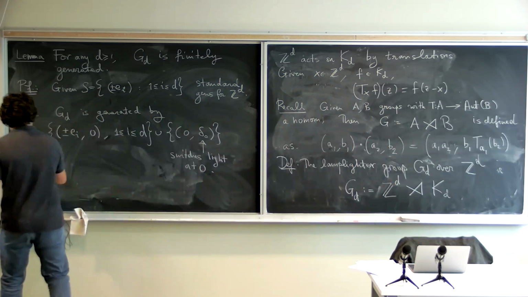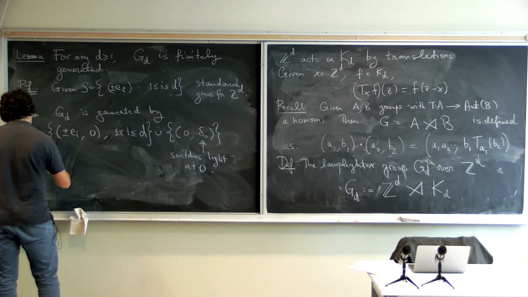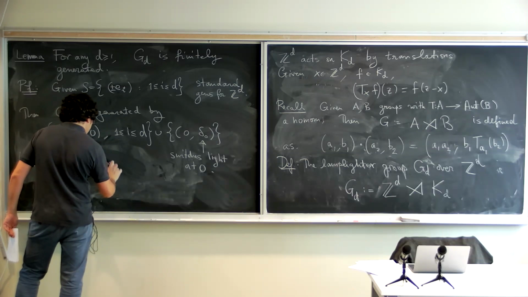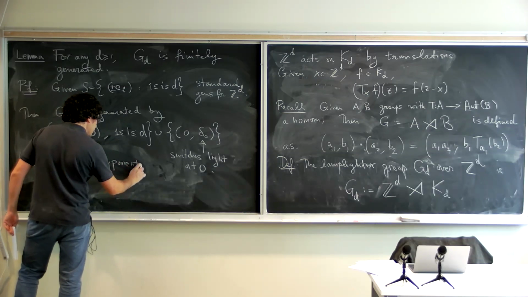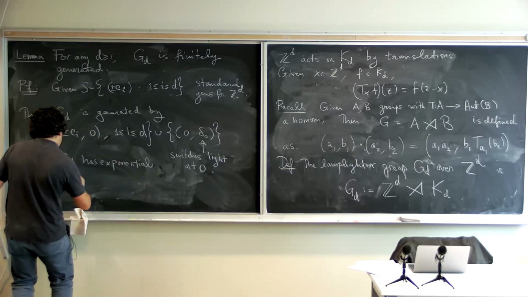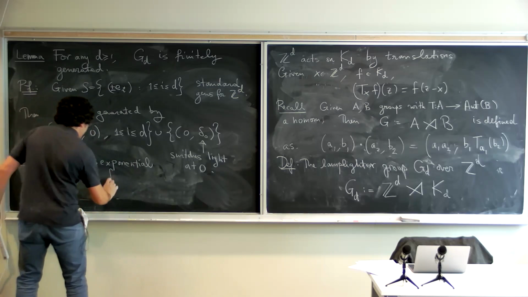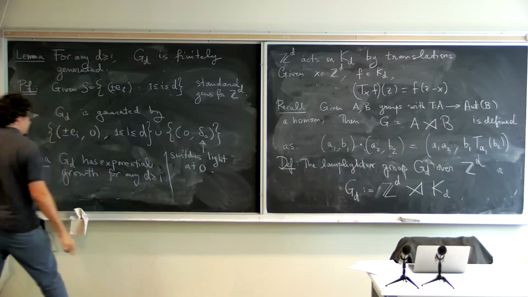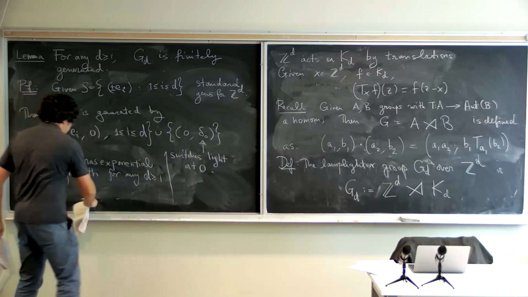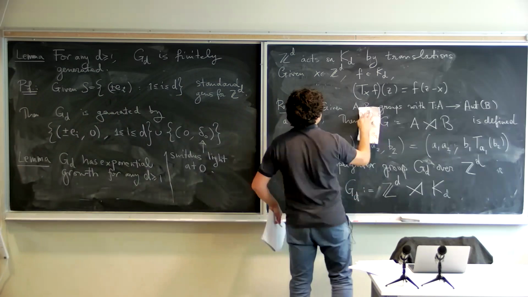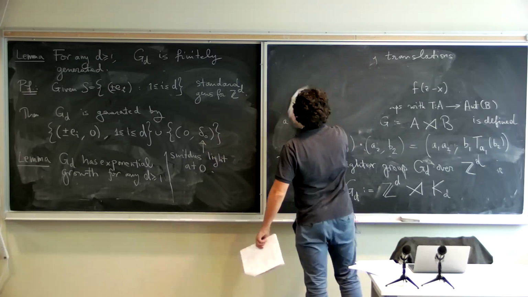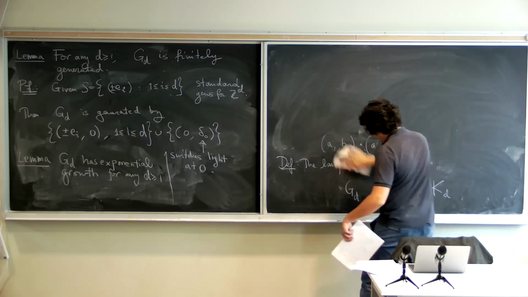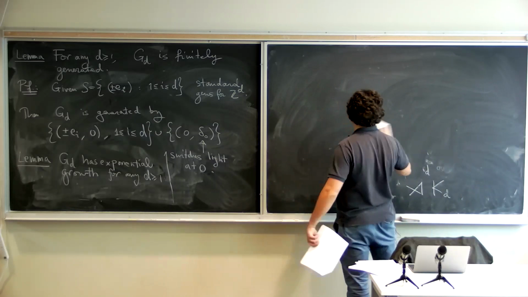So the other thing is, you want to say that GD has exponential growth, for any D. And that also is relatively fine. So even for D equals 1, of course, if you prove it for D equals 1, that's enough.